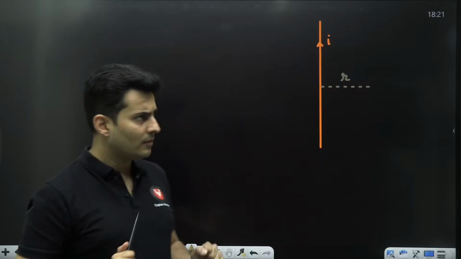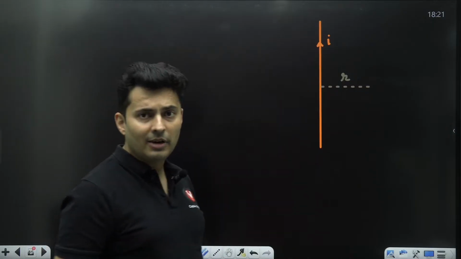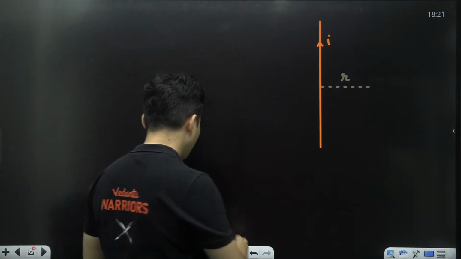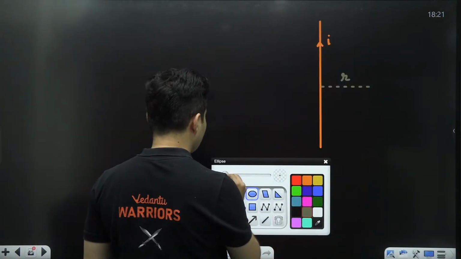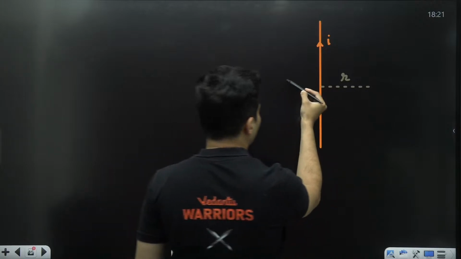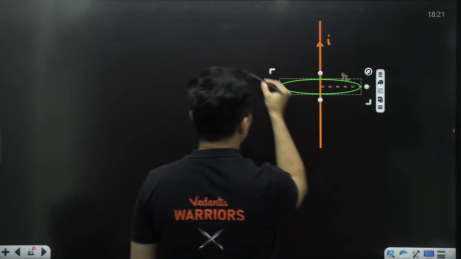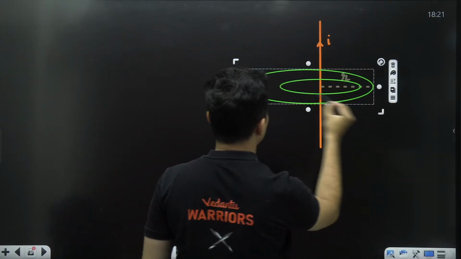How? Let's observe. Due to this current carrying wire, the magnetic field lines will be circular in nature. Everybody agrees with this statement. The magnetic field lines will be definitely circular in nature around this particular thing. So there will be some magnetic field lines like this maybe. There will be some more magnetic field lines like this maybe.